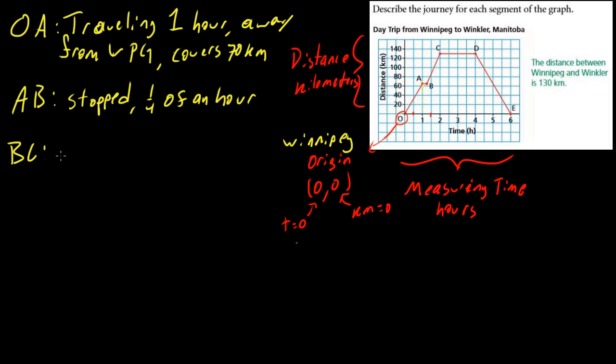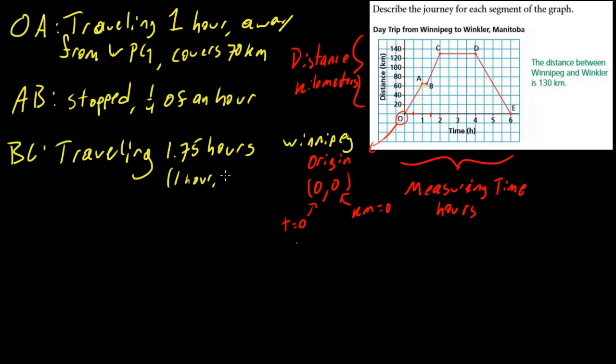They're stopped. B to C now. They're back traveling. If B started right about 1.25 and we went to 2, then it looks like they're traveling about 1.75 hours. This would be equivalent to 1 hour and 45 minutes, by the way.